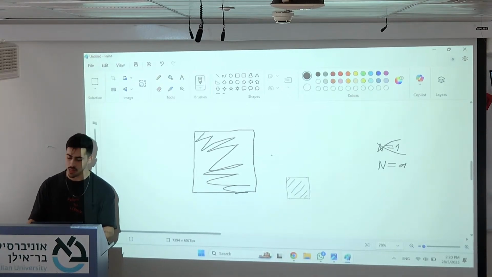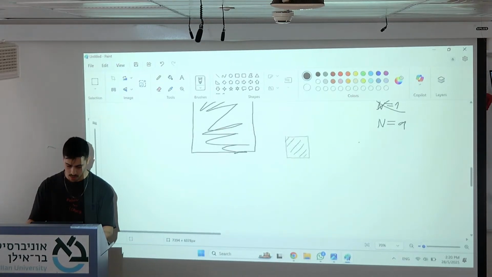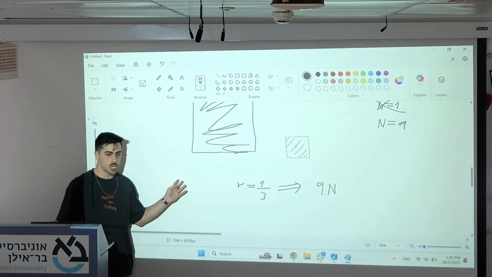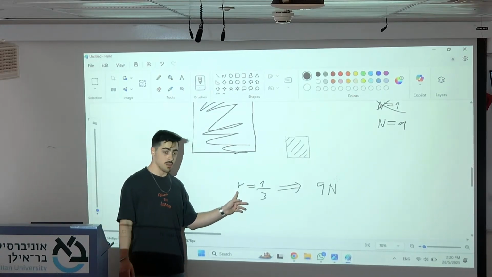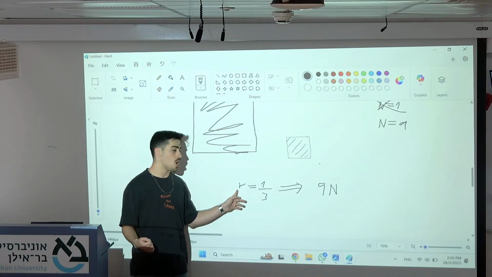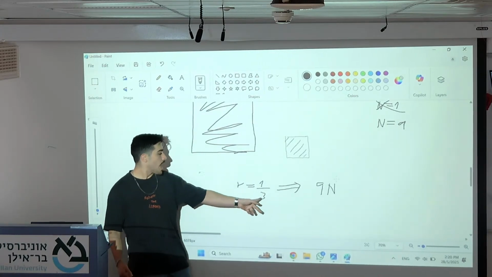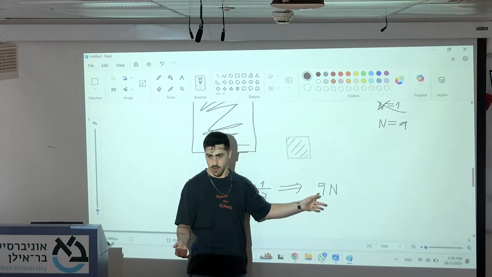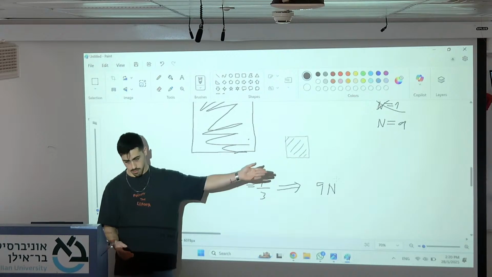So if we call our scaling factor r equals 1/3, right? We made our lengths 1/3 the size. Then n grows by 9, right? And this is a fundamental property of 2-dimensional shapes. You put a scaling factor r on your units, and the amount of units you can fit in grows by 1/r squared, okay? Because 1 over 1/3 squared is 9.